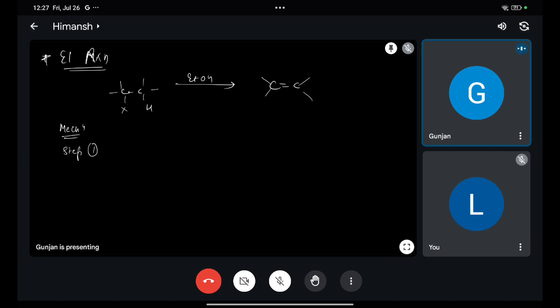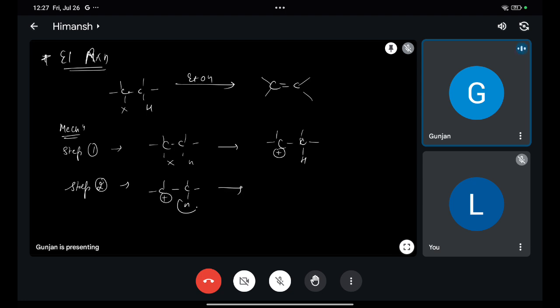Step number 1, where we are getting a carbocation. And in step number 2, we are getting elimination of this hydrogen out. So when it eliminates, we are getting a double bond.